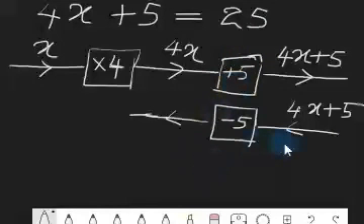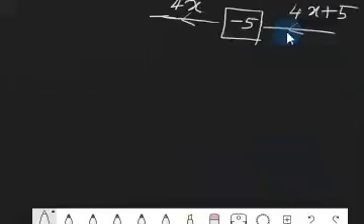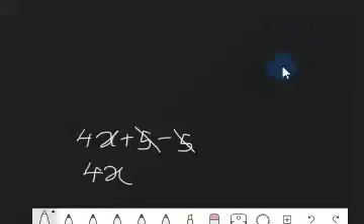The answer is 4x. These two cancel out. You get 4x as the answer, right?